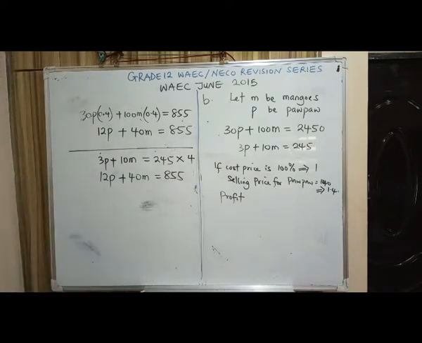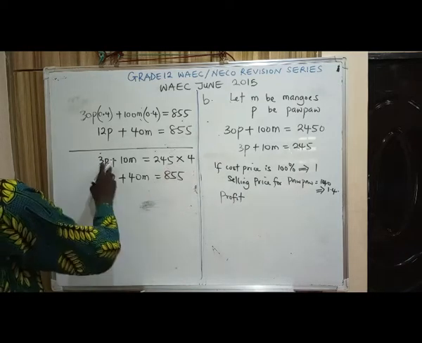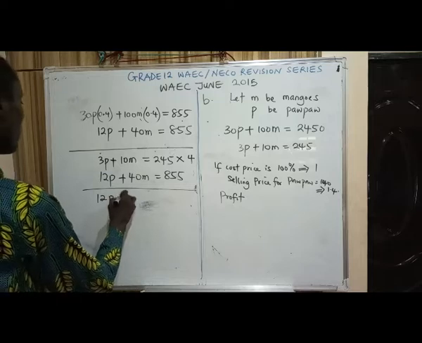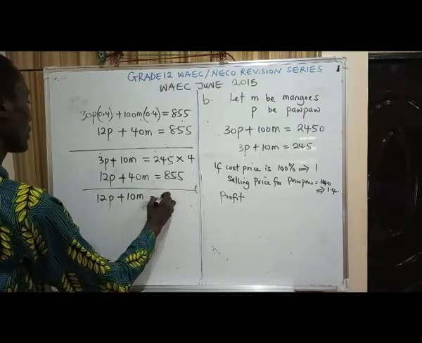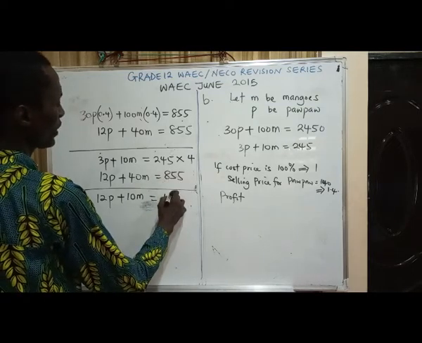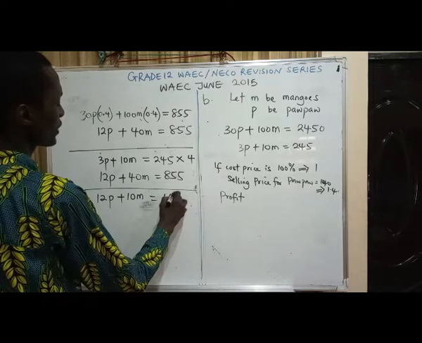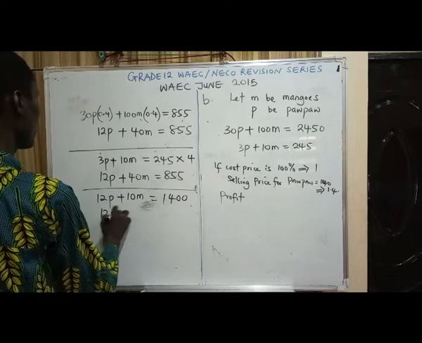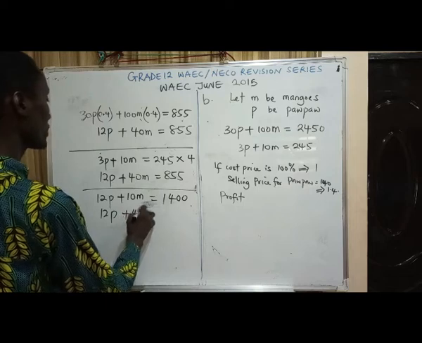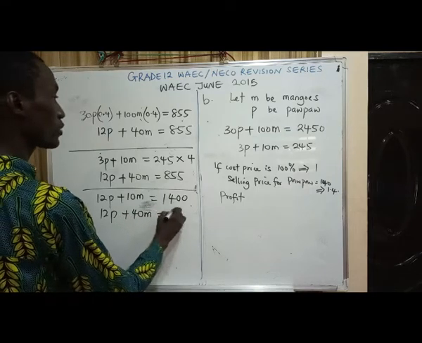If I multiply this by 4, to get 12 here, I'm going to get 12p plus 10m equal to, this should be 140, I think, and then 12p plus, I hope I got that right, 12p plus 40m will be equal to 855.